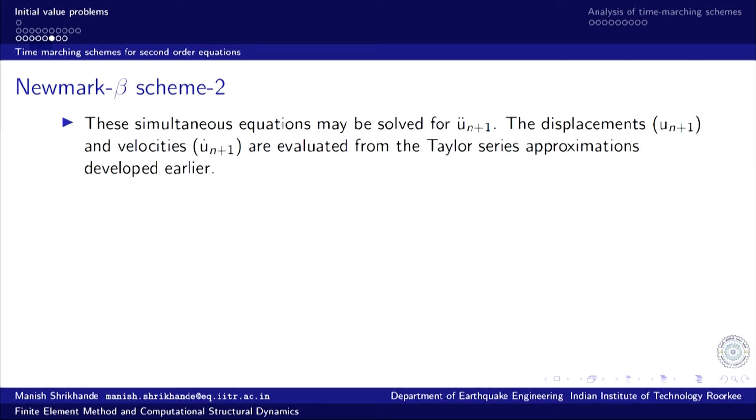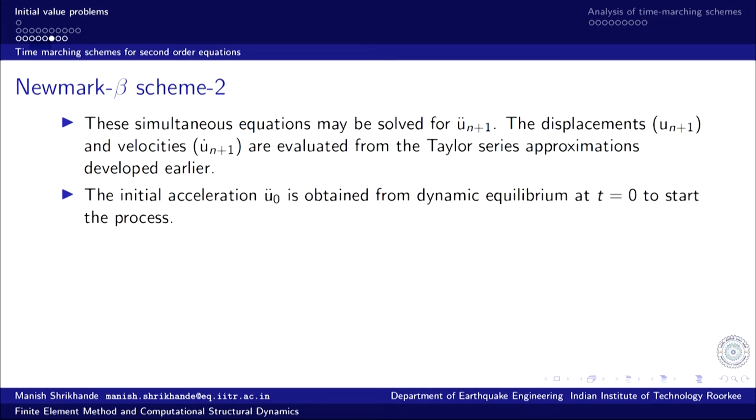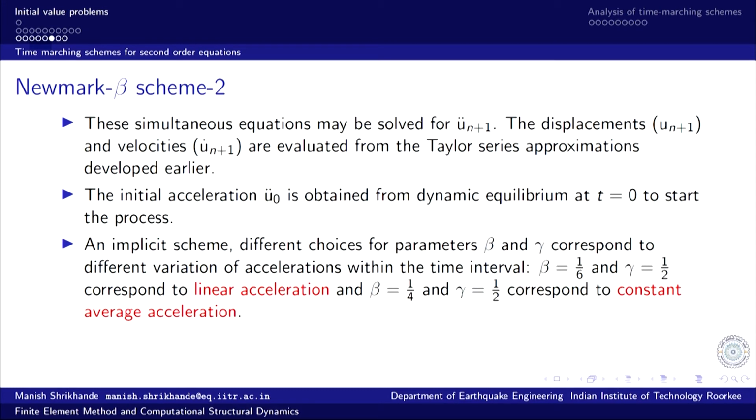The displacements and velocities at the n plus 1th time instant are obtained from the Taylor series approximation that were developed earlier, and the initial acceleration u double dot 0 is obtained from dynamic equilibrium at t equal to 0 to start the process, and subsequently the solution marches ahead in time one step at a time.